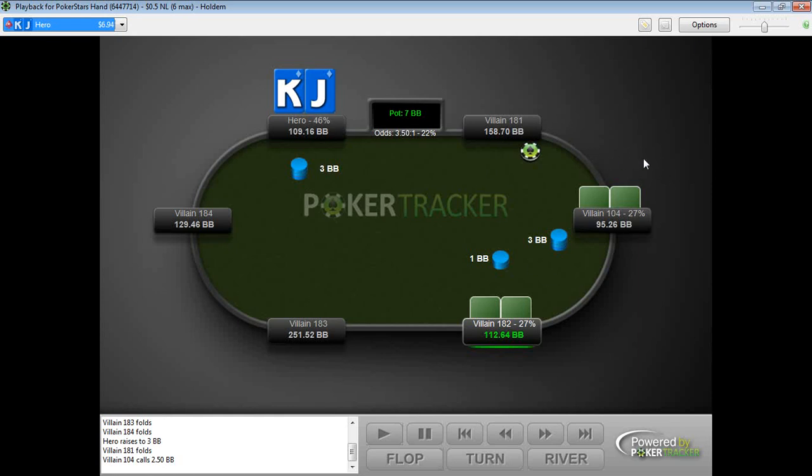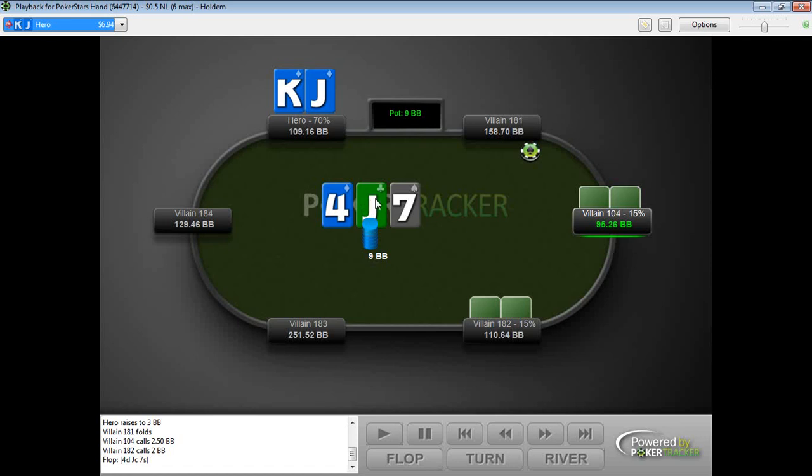The only time they're calling is maybe with low pocket pairs or some suited connectors, but usually they should even be 3-betting those as well. So we go multi-way here.